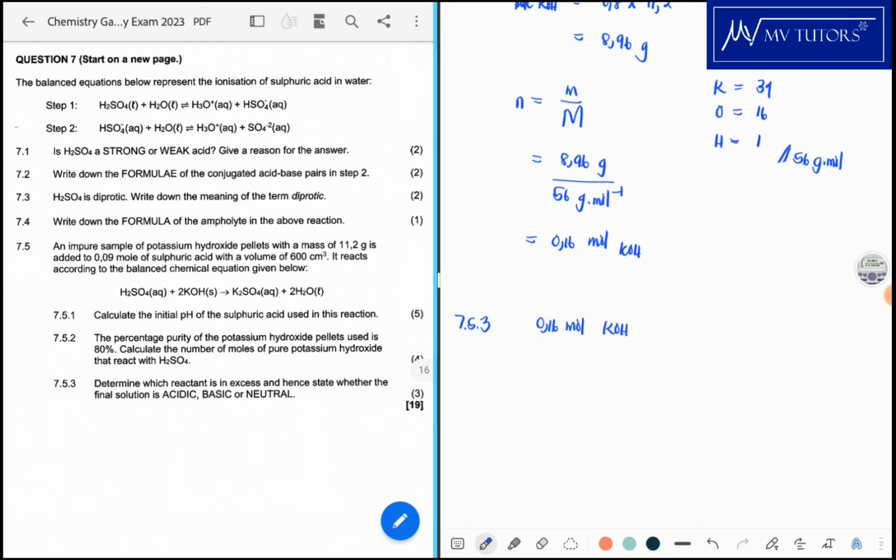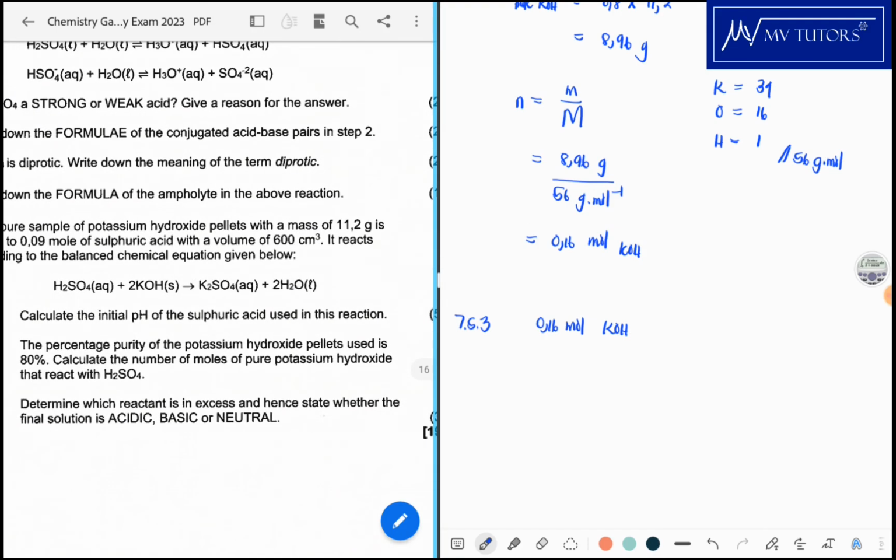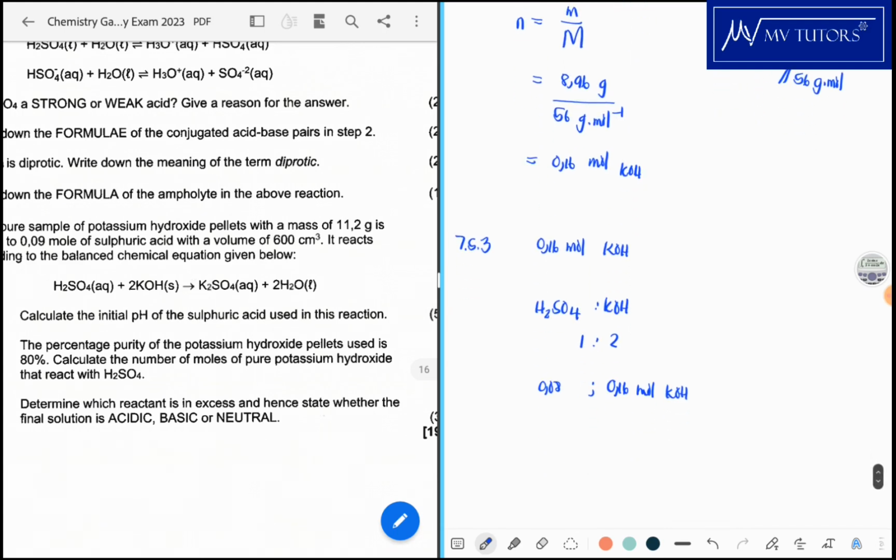If we have a look at our equation, the ratio is 2 moles of potassium hydroxide to 1 of sulfuric acid. So 0.16 mole of potassium hydroxide actually reacts, whereas 0.08 mole of sulfuric acid will react.